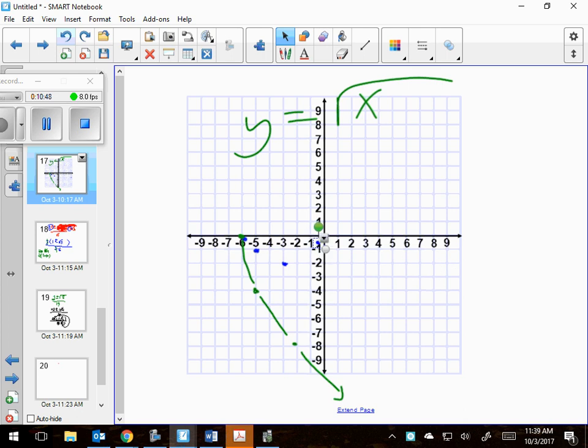And then go that's where the parent graph would be if it was just a flipped one. And if you have these side by side, maybe you'll be able to tell how much of a stretch it was.